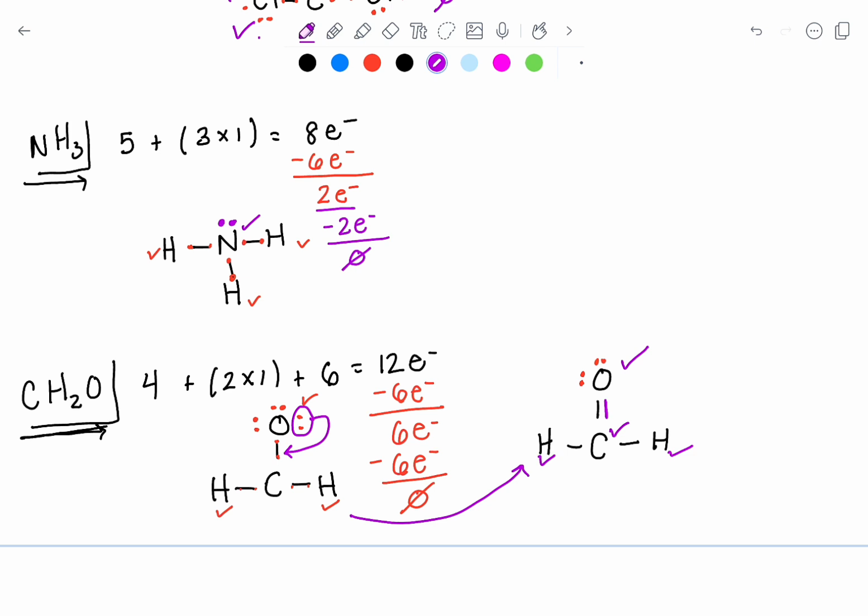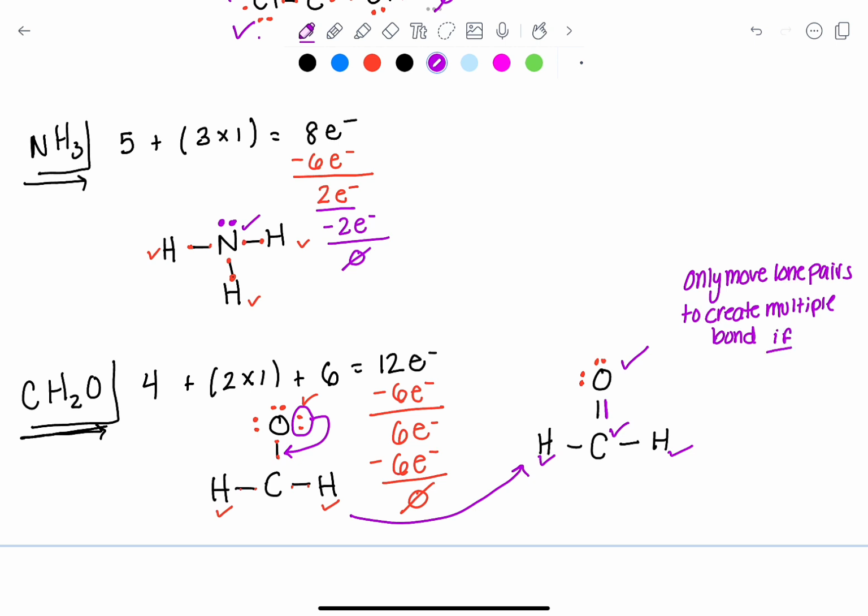So by moving one pair of electrons, we are creating a double bond, and that's completing our octet for carbon. We only move lone pairs to create multiple bonds if octets are not complete.